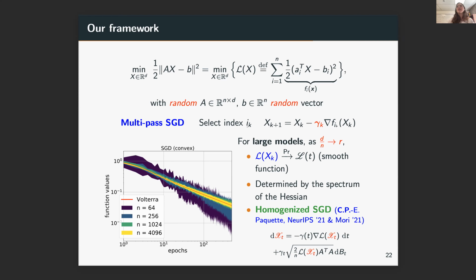It's completely determined by the spectrum of the Hessian, and there's a homogenized SGD for it. So there's this diffusion process, and you see again that same picture on the left, where I run different SGD runs for various sizes, and you see that the variance of the shaded region is going down as the size gets larger.